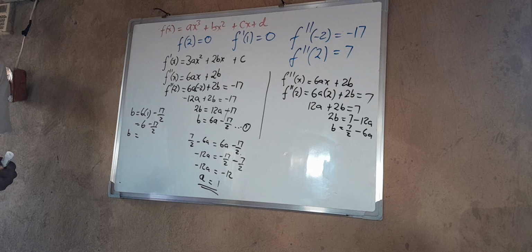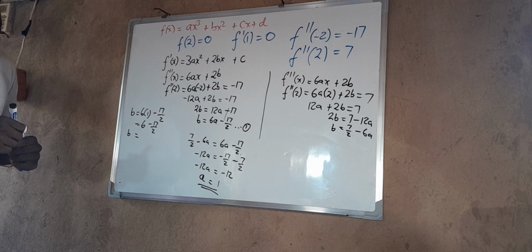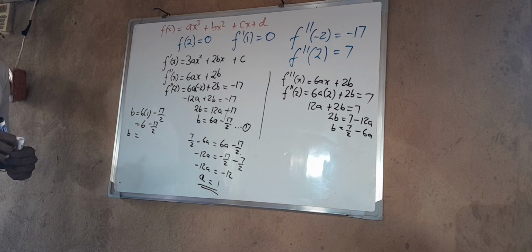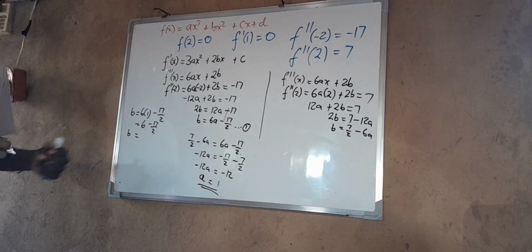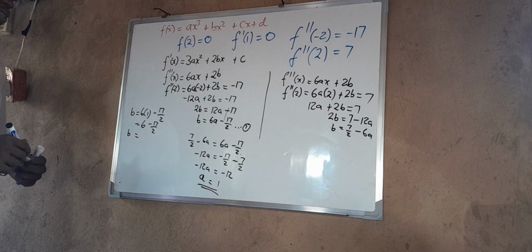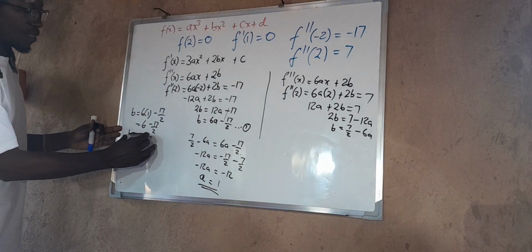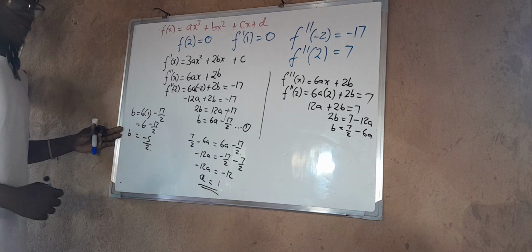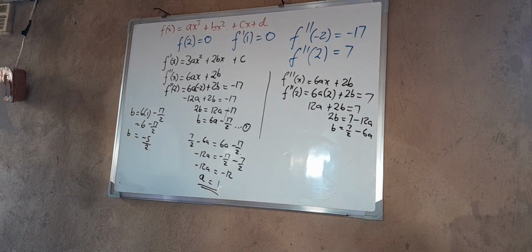Is it not a half? Actually, no, it's not a half. 12 minus 17, so it's negative 5 over 2. So negative 5 over 2 is our value of b, right?